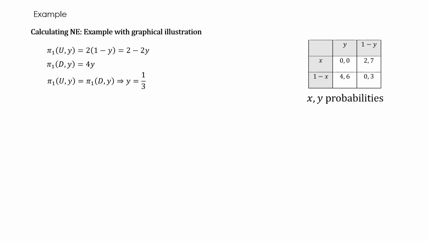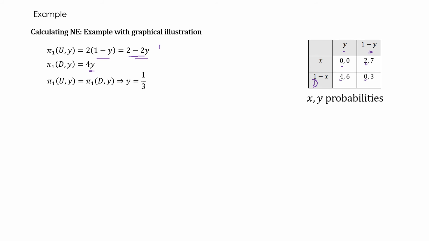So for agent 1, the payoff with up would be 0 times y plus 2 times 1 minus y, or 2 minus 2y. And for picking down, the payoff would be 4 times y plus 0 times 1 minus y, whence the payoff is 4y.